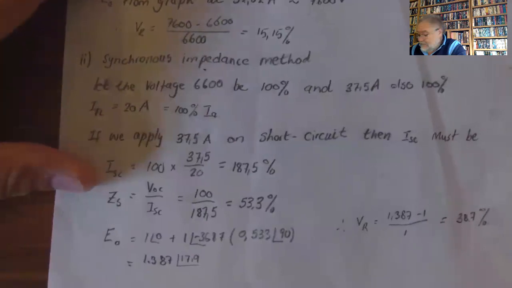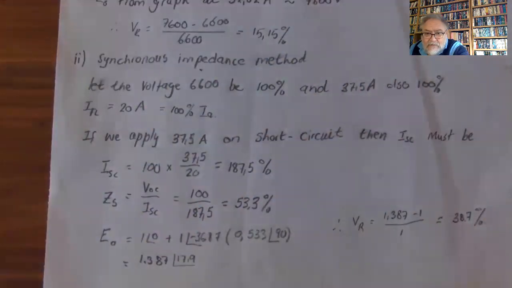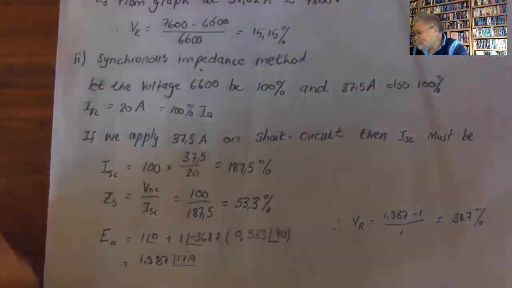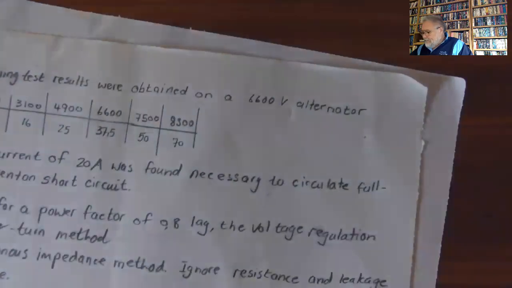Now the voltage regulation is 1.387 minus 1. That gives us 38.7%. Hopefully you understand this.